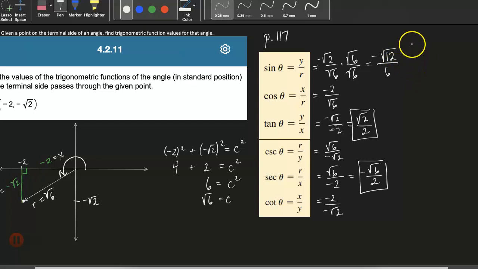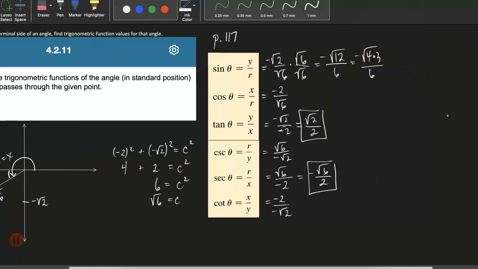And this you may need to simplify. So you will ask yourself what perfect squares can go evenly into 12 because I can break up my square root that way. The only one I can think of here would be 4. 4 times 3 is the same as 12.